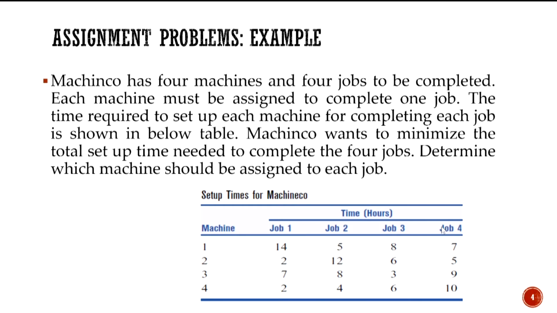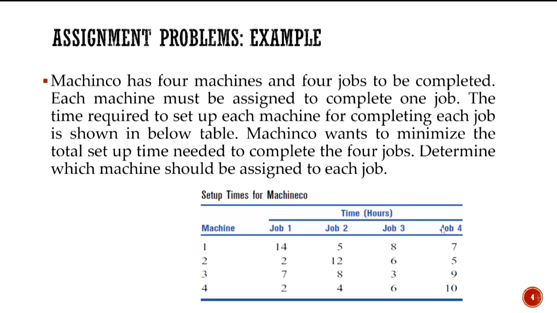Now here's the example that we are going to discuss and implement in Python. Machine Co has 4 machines and 4 jobs to be completed. Each machine must be assigned to complete one job, and the time required to set up each machine for completing each job is shown in this table.